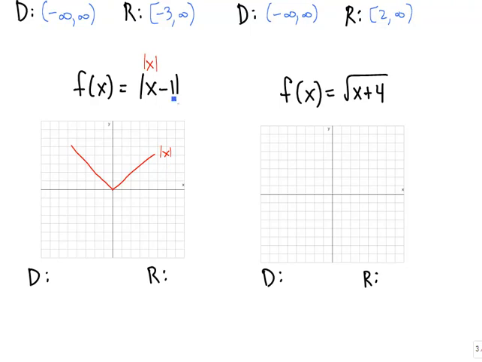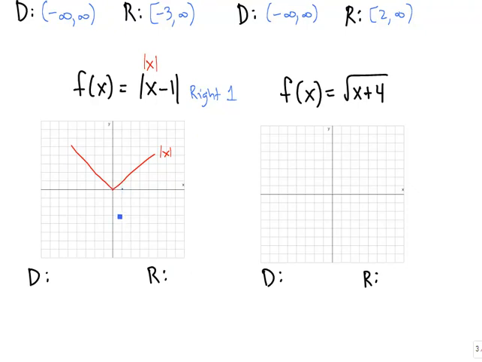But what we're going to do by putting in this -1 is shift it horizontally, and we're going to go backwards from what we would think. So -1, I think left, but we actually go right. So this is a shift right 1. So again, take your important point, which in this case is the vertex, and shift it right 1.